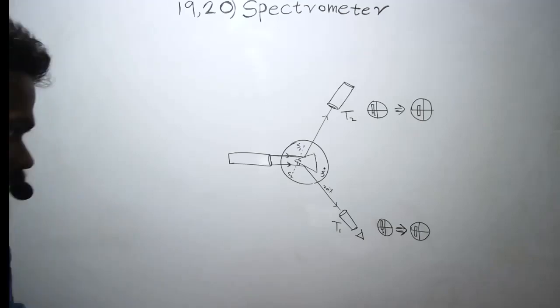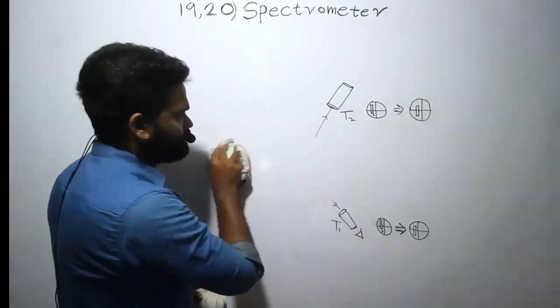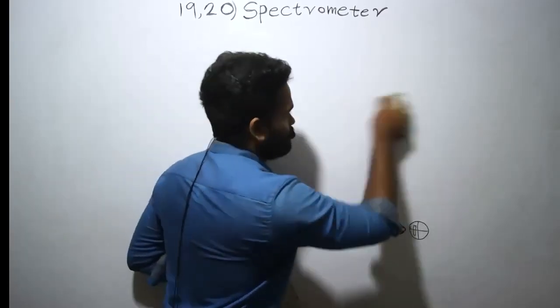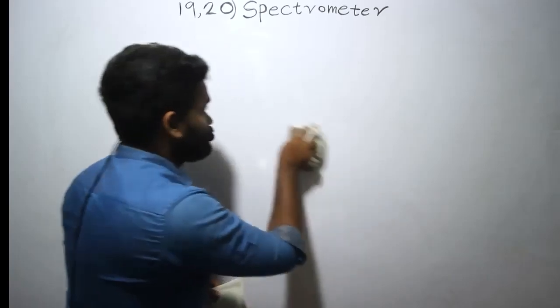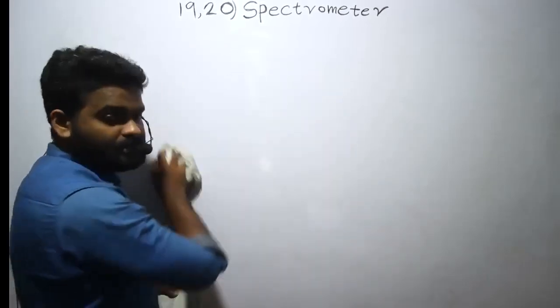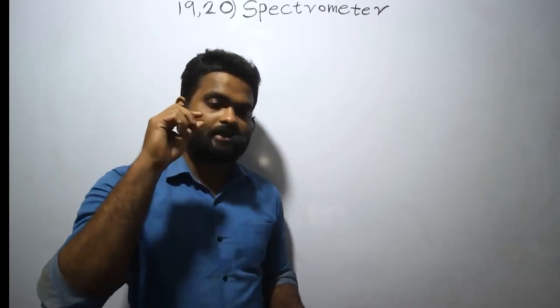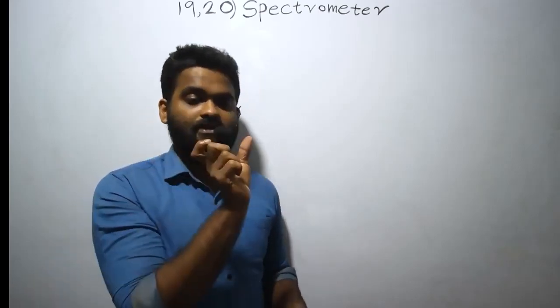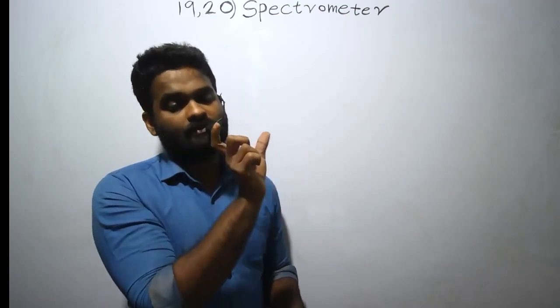Right? So now we have fully adjusted the spectrometer. First we did the telescope adjustment. For the telescope adjustment, first we adjusted the distance between cross wires and eyepiece, then the distance between eyepiece and cross wires for the second part. So we completed telescope adjustment.